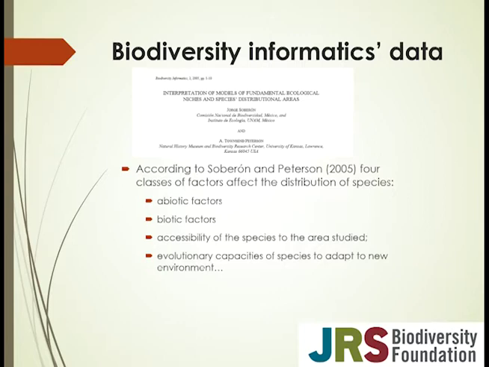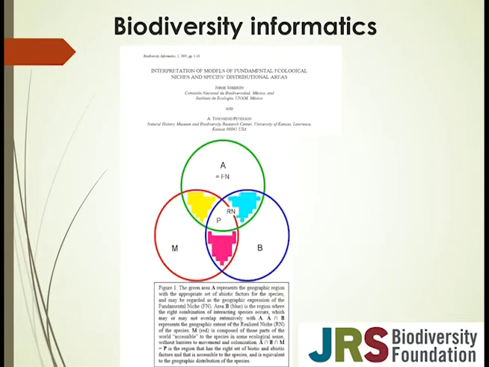So with respect to those factors, they lay out the BAM diagram. And on this diagram, the green circle represents the geographic region with the appropriate set of abiotic factors for the species.